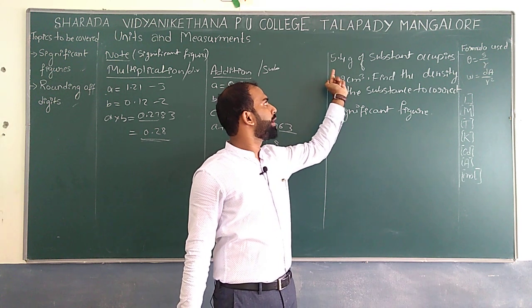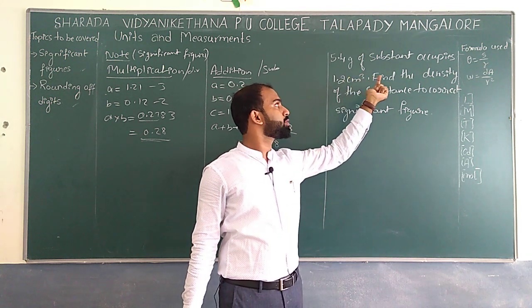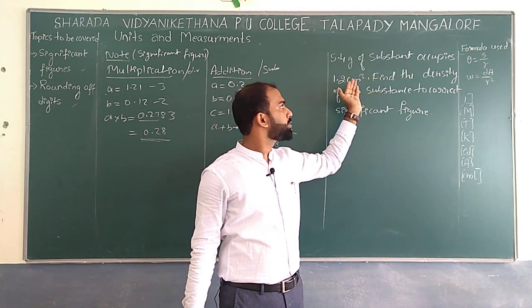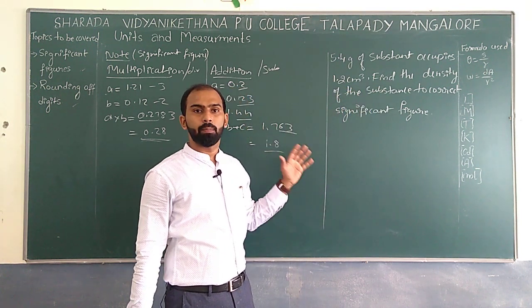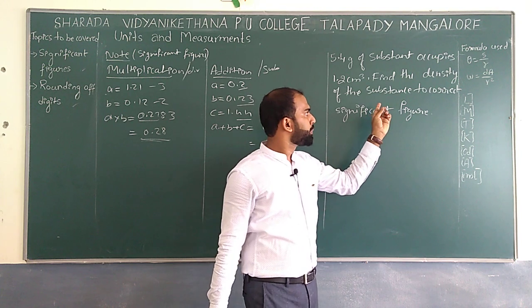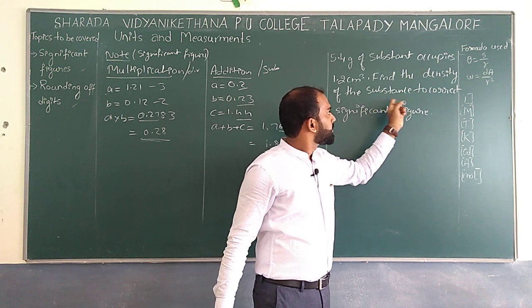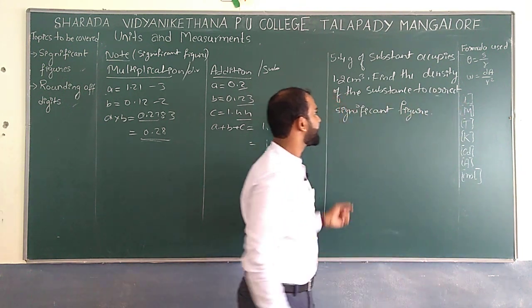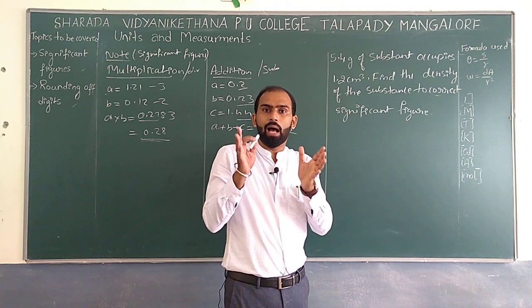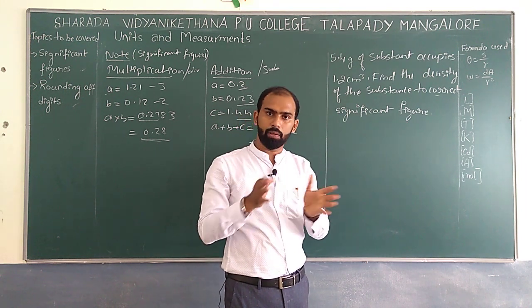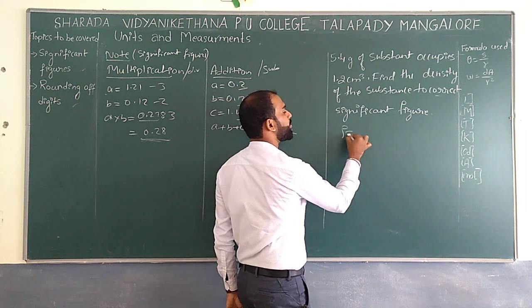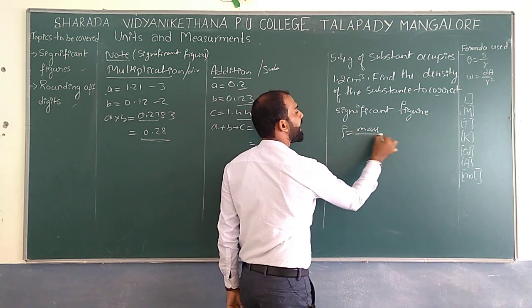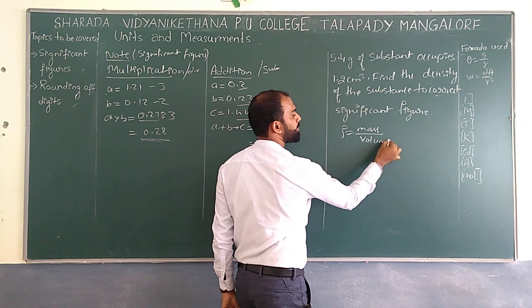Okay. So 5.4 gram of a substance occupies this much volume. Find the density of the particular value, and the answer you are going to get at the end should be correct with respect to significant figures. So density is equal to mass per unit volume, mass by volume.